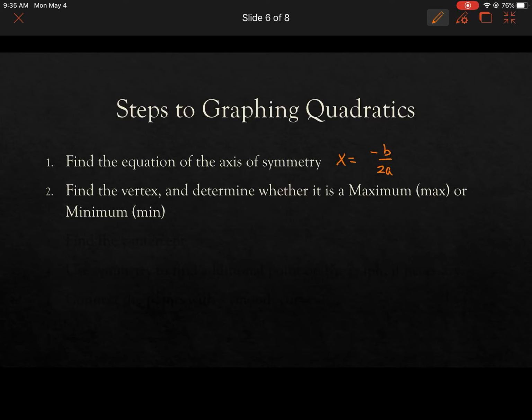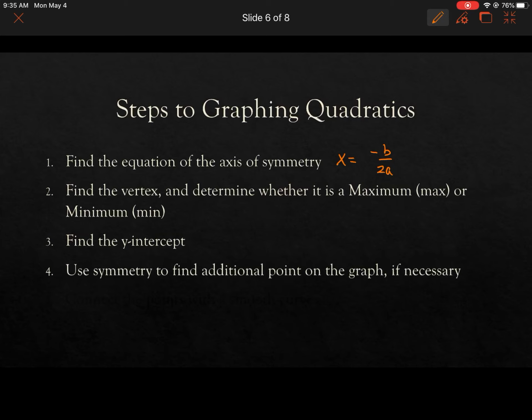Plug in the x from the axis of symmetry, determine the y, and then figure out if it's a minimum or maximum. Once you've determined that, you should be able to easily find the y-intercept because it's whatever that c value is. And then, of course, we can use symmetry to reflect that point over to the other side of the line. You just count how far away it is.